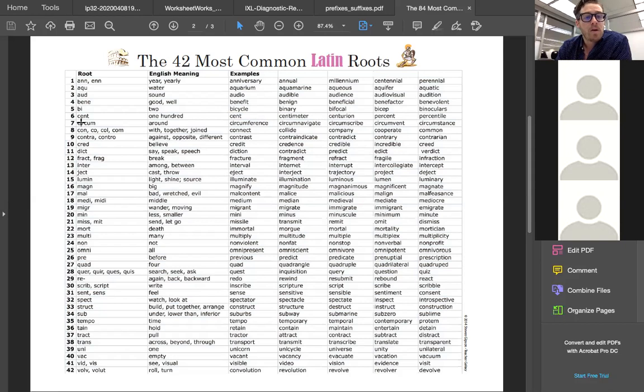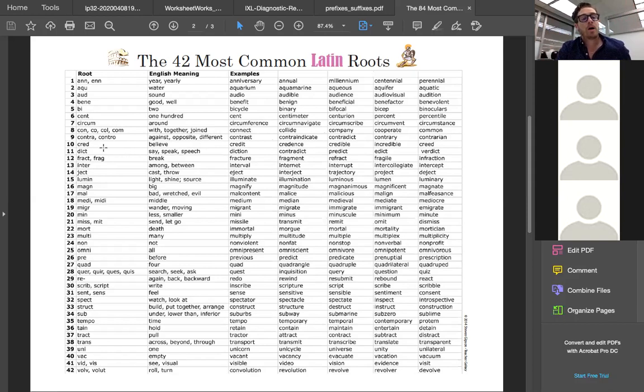Circum means around, so circumference is around a circle. Circumnavigate means to get around, okay? Con, co, col, and com mean bring together, so connect, collide. Contra or contro means opposite or against. So contrast is you're looking at one thing and comparing it in the opposite or different with another thing, okay?